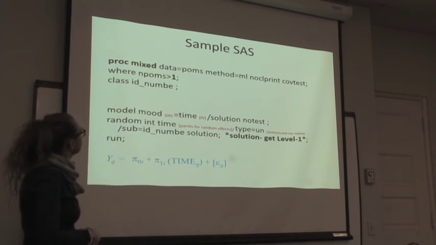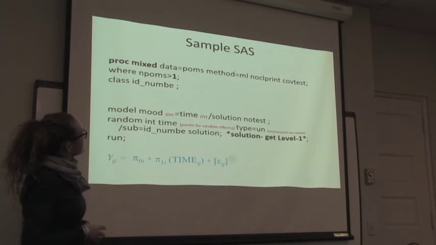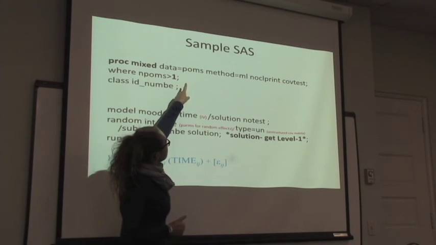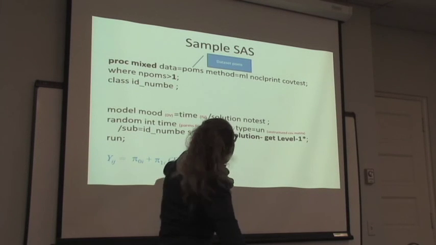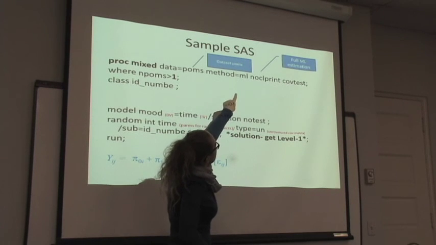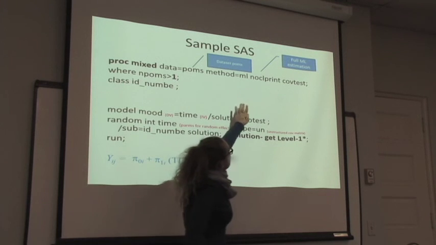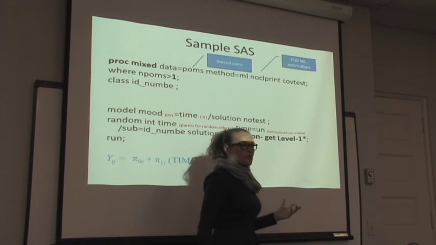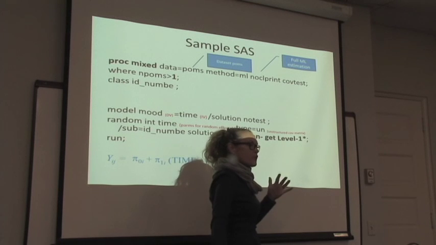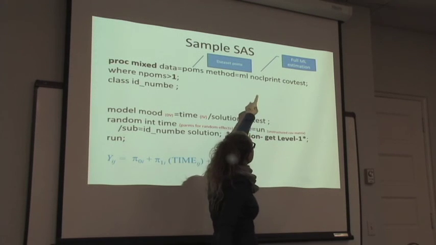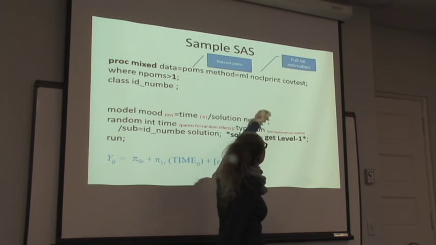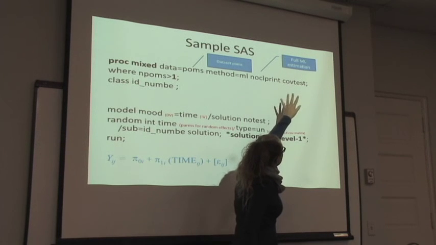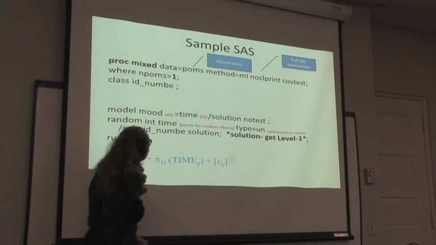So for SAS, it's proc mixed. The data set is called the POMS data set. We've got full maximum likelihood estimation. This is a no class print, which just means we don't need to print the information for what's in the classes, which in this case is time and the people. Print the parameter estimate information.